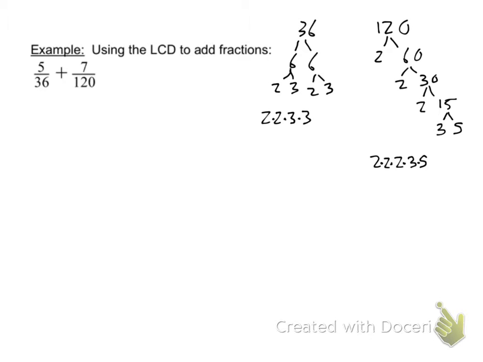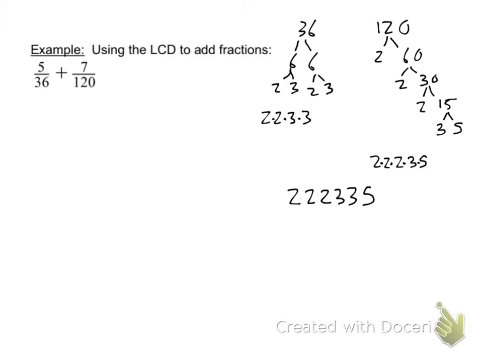So, what is the number going to be? How many 2's do I need? You need 3 of them because this one has 2, this one has 3, so you need all 3 of them. How many 3s? 2 of them. And a 5.